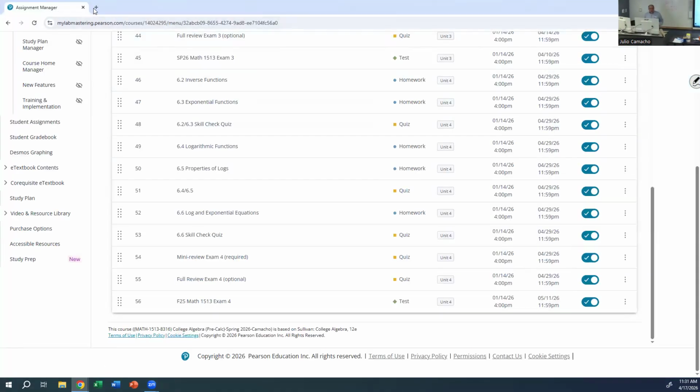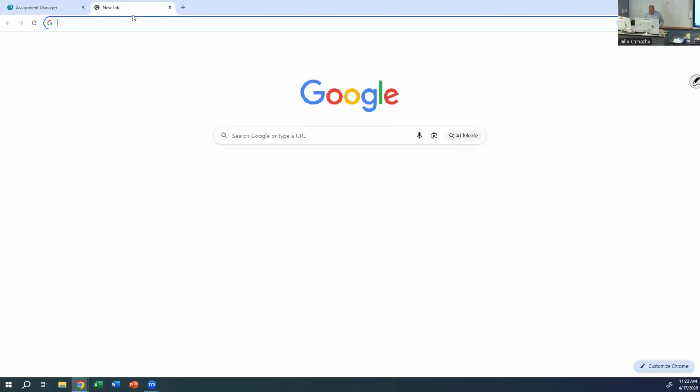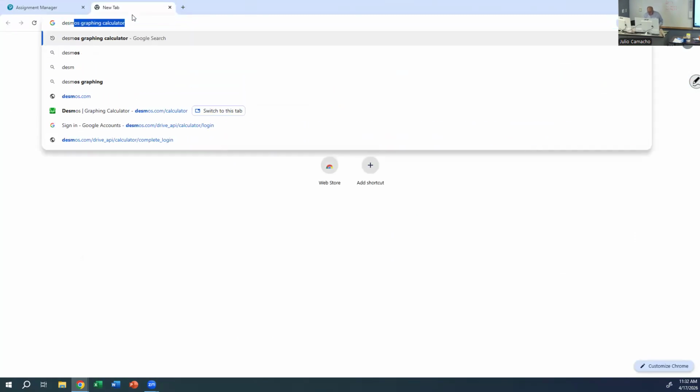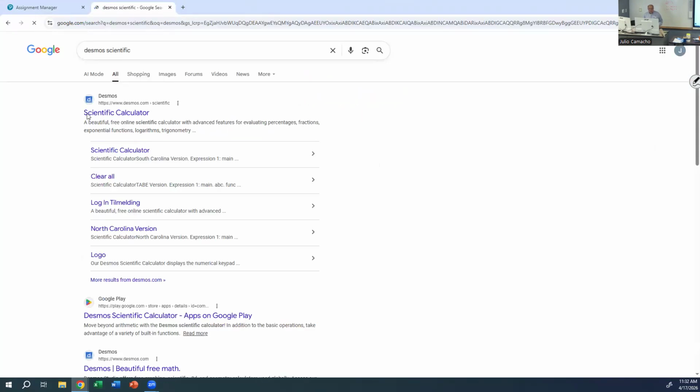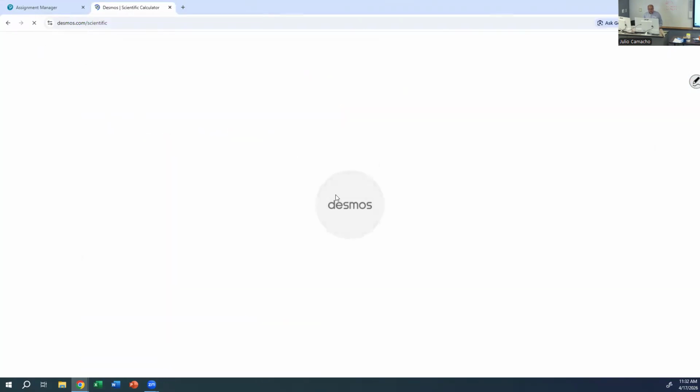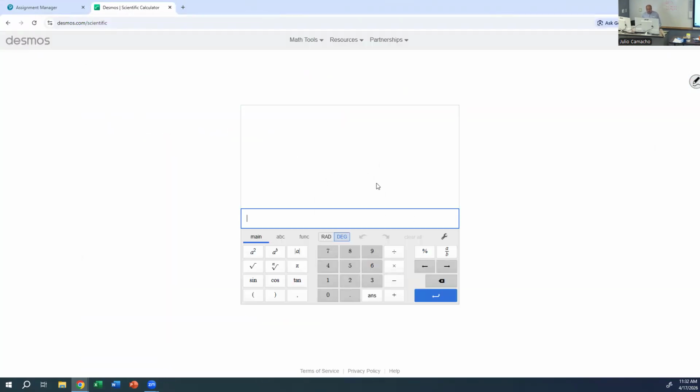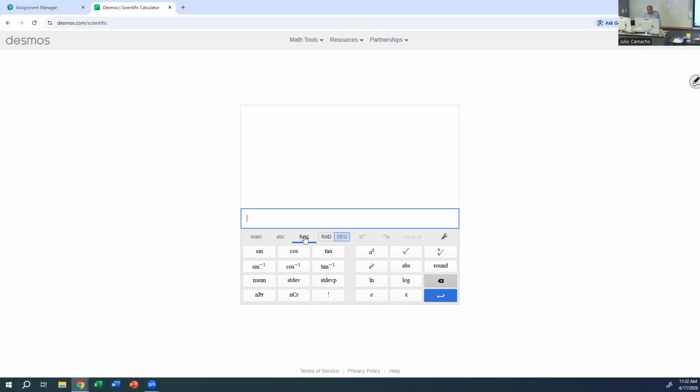So let's go to the Desmos scientific calculator. And the way that I do it, when you go to functions here, you have the log.